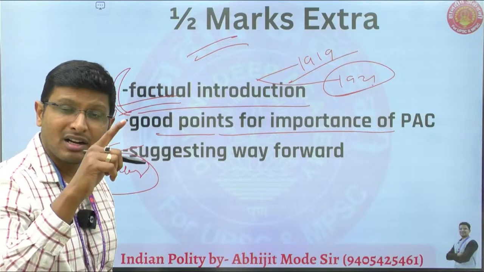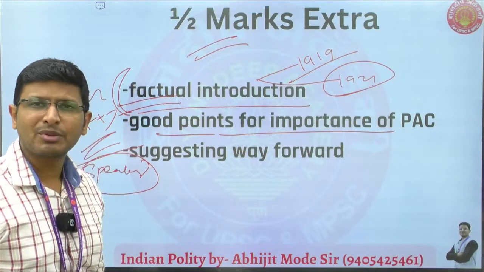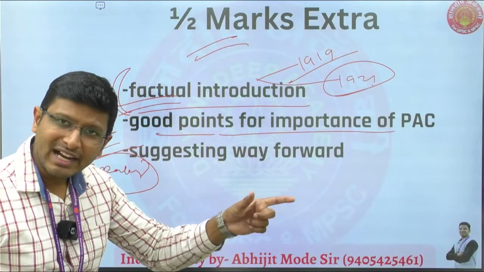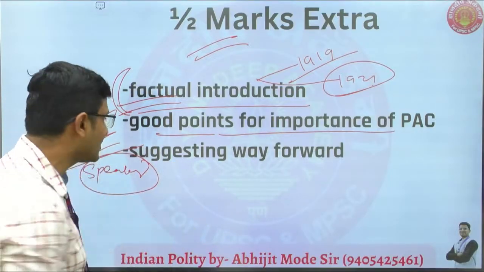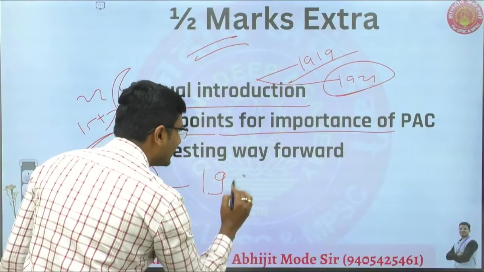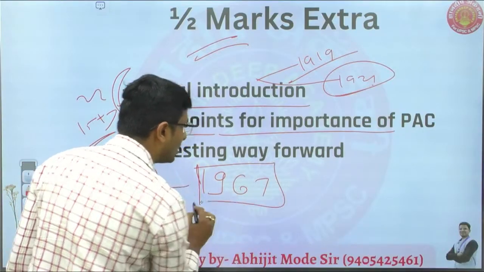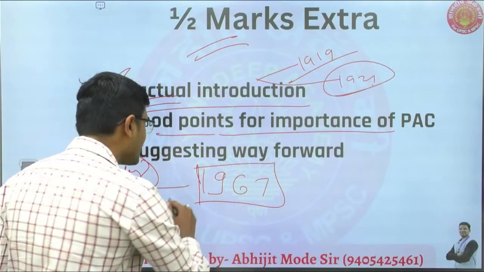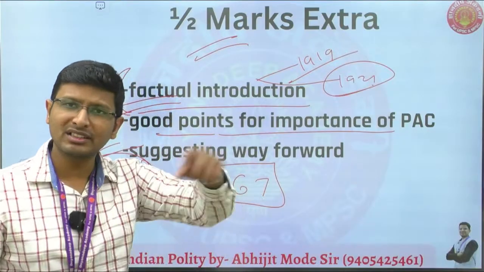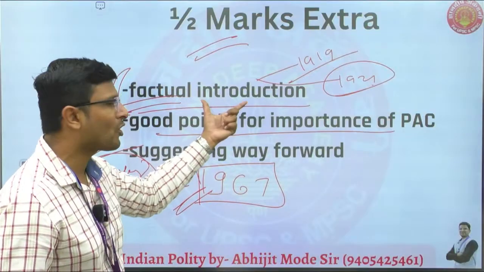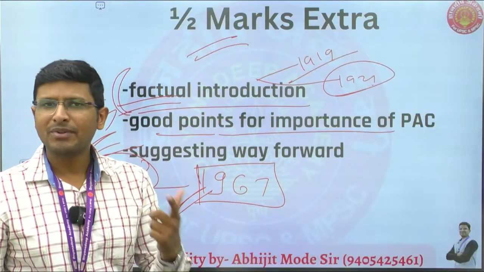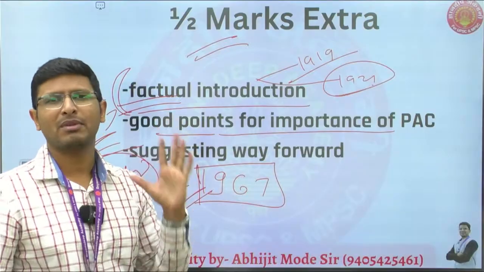And the member from the opposition political party becomes the chairman of that committee. This is a convention that has been followed since 1967. You have to mention the year also, and that this is a convention followed from that year. जो मैं कह रहा हूं, factual information होनी चाहिए. Factual information की कमी आई तो गए तुम्हारे marks.